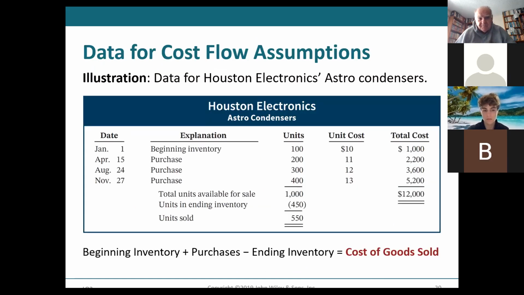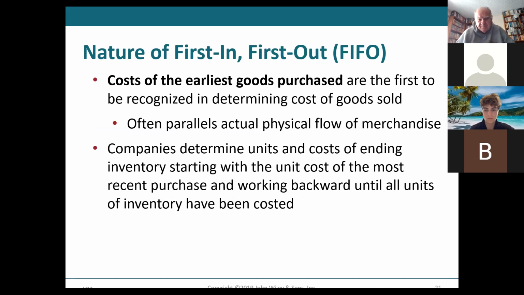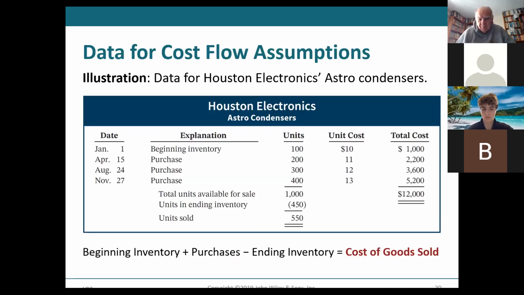FIFO. Now, let's understand this before we go much further. We're going to be looking at this grid all the time now. You have a beginning inventory, 100 units times $10 equals $1,000. You purchase 200 times 11, 300 times 12, prices are going up. And all of the problems that we're going to give you on the test and anywhere else are going to be with prices rising, because that's a normal economy.